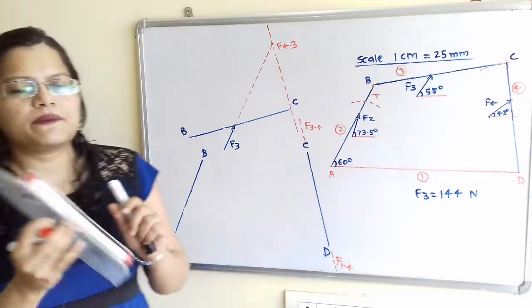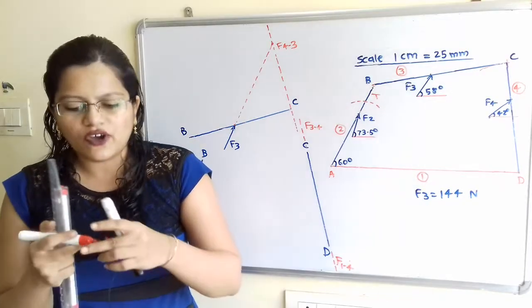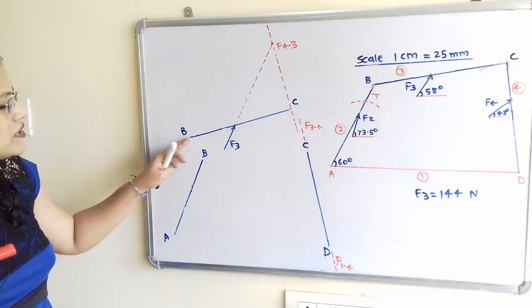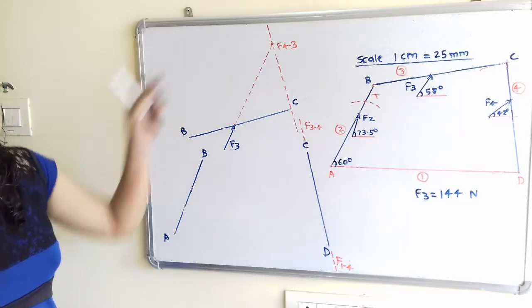So what is the equilibrium condition? That is the line of action of force passing through this point B should meet this concurrent point.